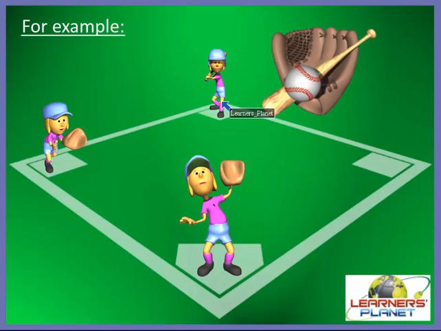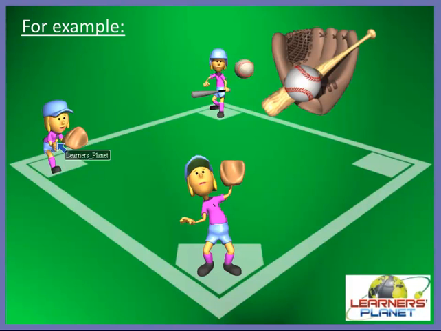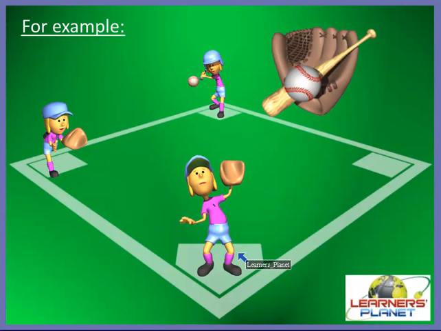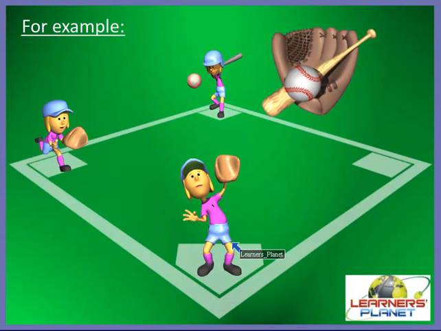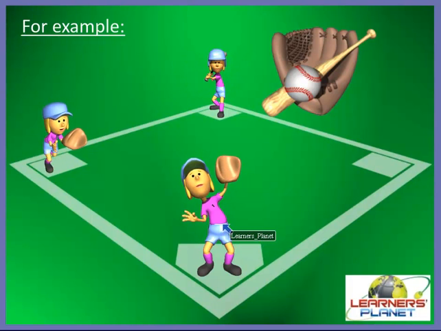When a baseball player runs around the bases, like this one, her position changes, right? After some time, you will see that this girl has reached over here. And now she is standing and waiting for the ball to be caught, right?